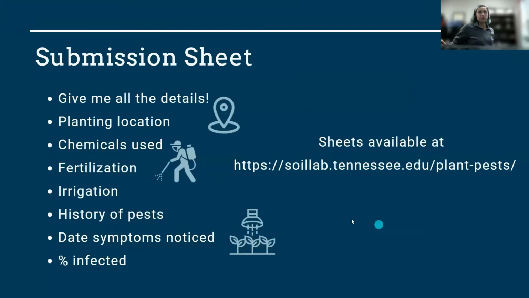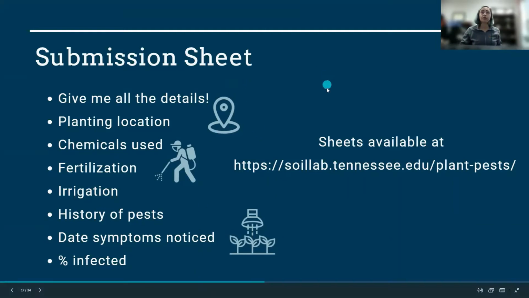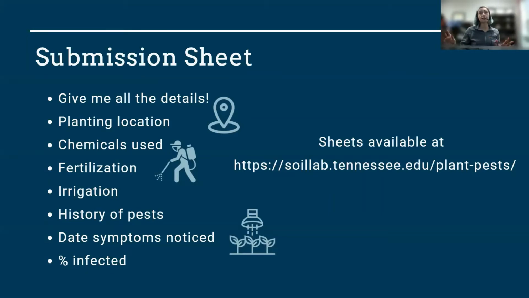And these are just some more notes about submitting a sample. It's very important for me to know everything that's been done to the trees before they get to the lab. Some of the historical information about chemicals used, about irrigation, can help me give better management recommendations in terms of how to reduce pest pressure.